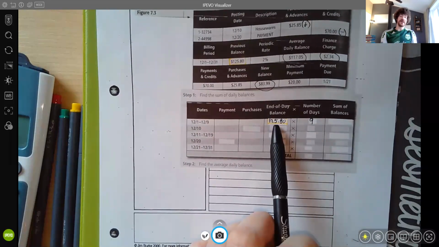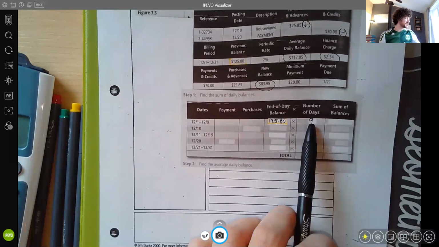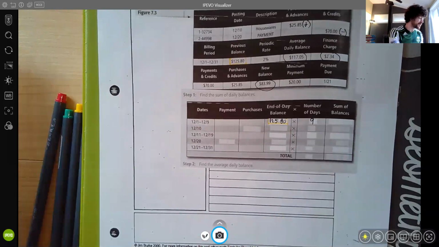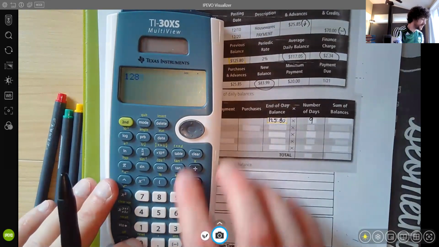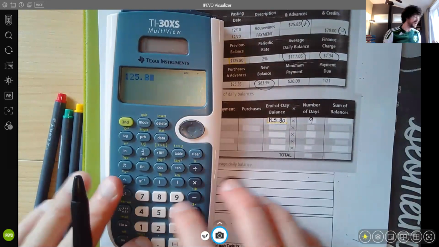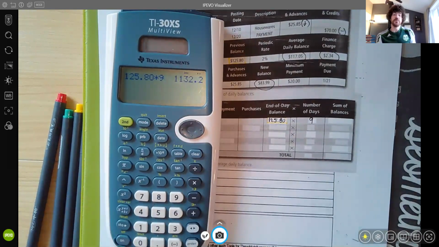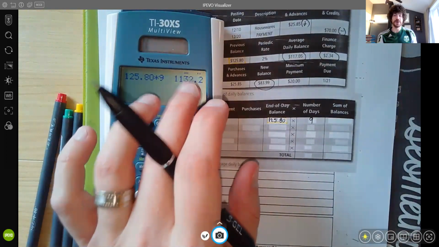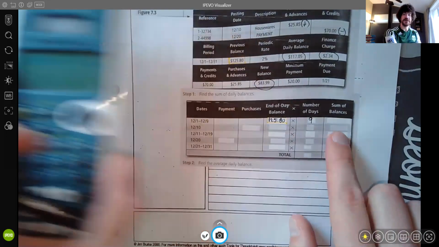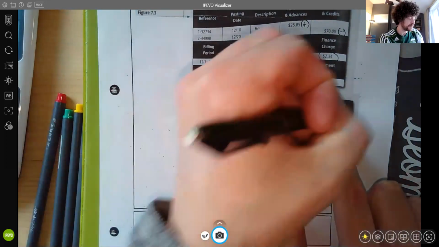So on the first, it was 125.80. On the second, it was 125.80. And so we add up all of those, or in this case, multiply 125.80 by 9 days. So we get $1,132.20. So all those days added together equals $1,132.20. That's the number that goes here in the sum of the balances.